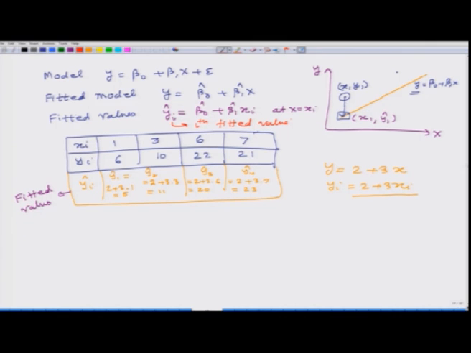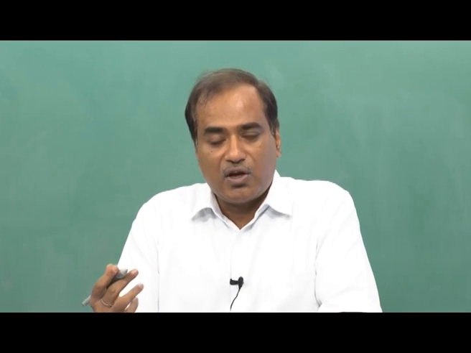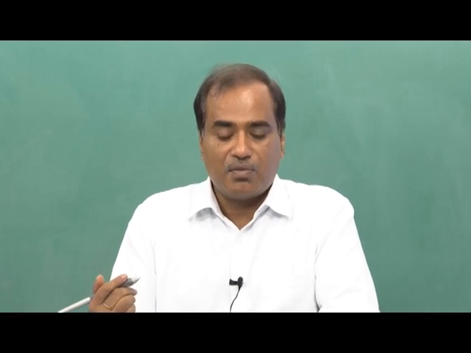Now let us see a different aspect. I can find the difference between yi and yi hat. Here yi is the observed value and yi hat is the value of y obtained from the model.